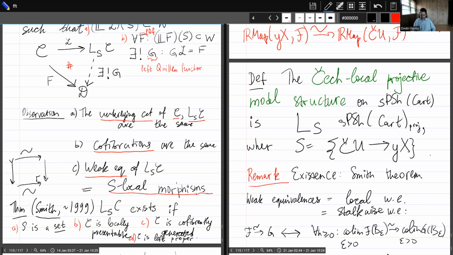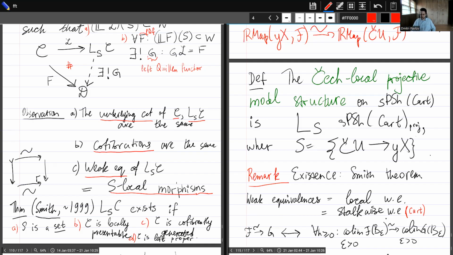And in the case of the Cartesian site, and let me emphasize that this description is only true for sites with enough points, like the Cartesian site, that will also be the stalkwise weak equivalence.